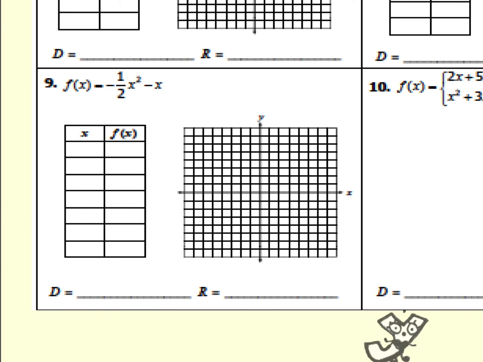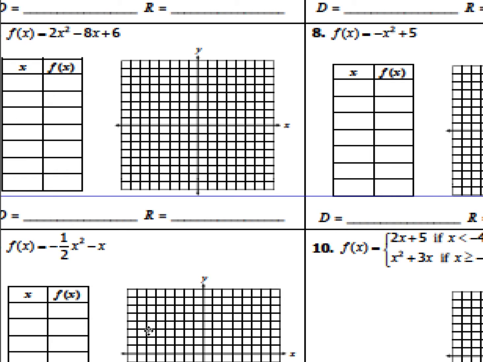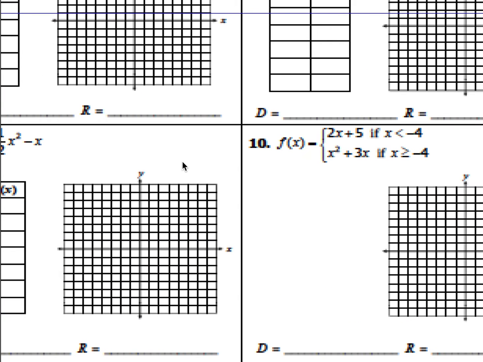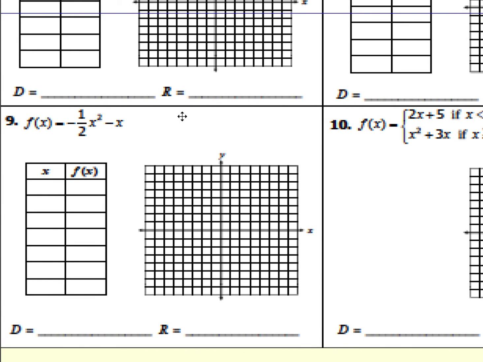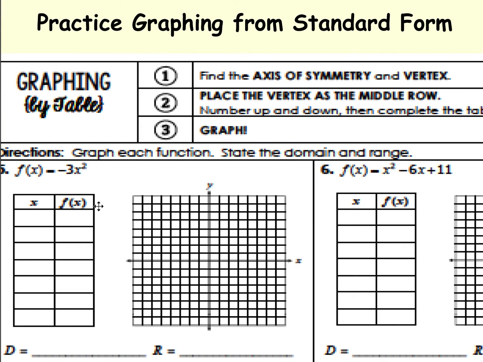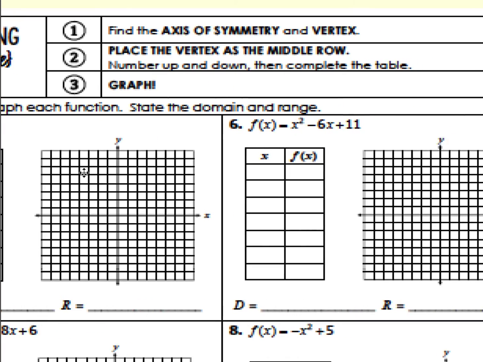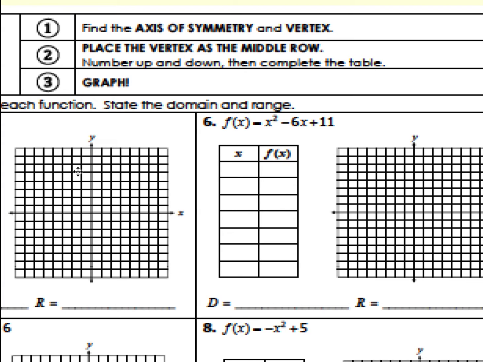Okay, a couple of things to note is you can always figure out very easily the y-intercept of any function by plugging in the number 0 for x. So let's go ahead and look at the y-intercepts of all of these.